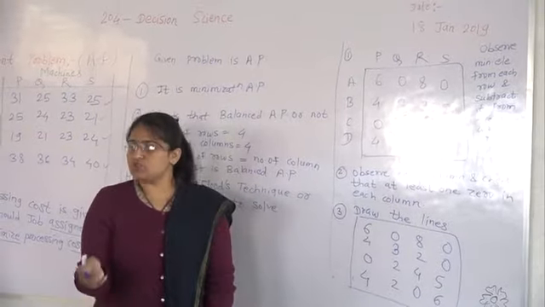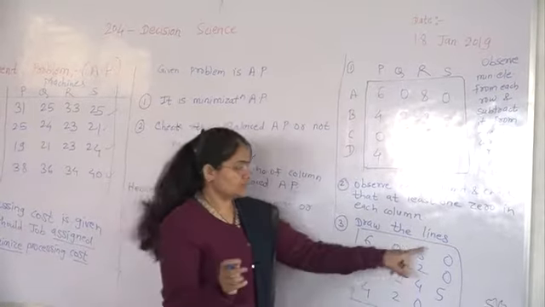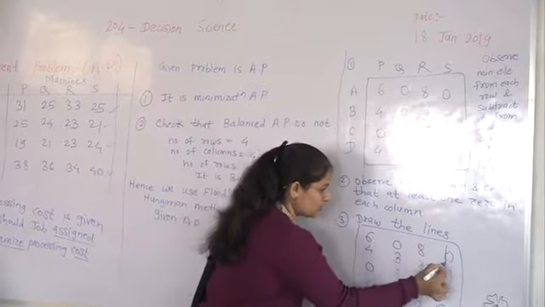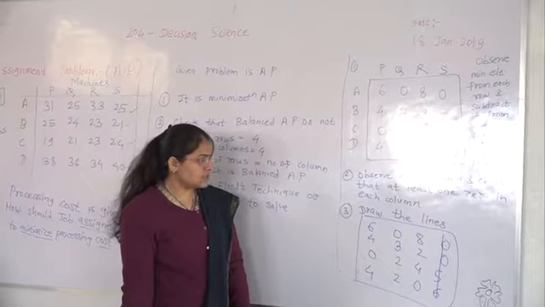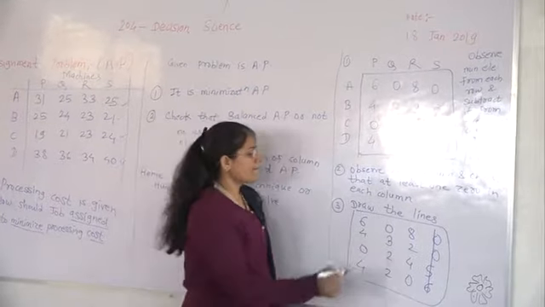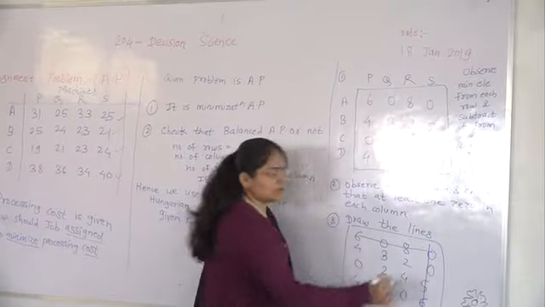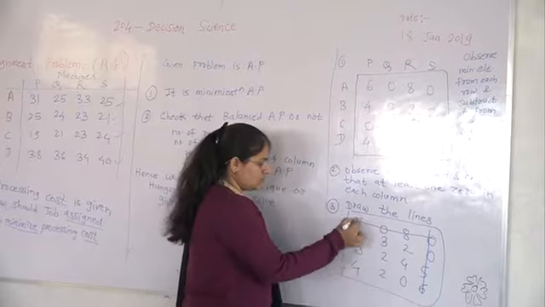Okay, see here, which row or column has the maximum 0s? Here there are two 0s. So you have to draw the line like this. Again, where there is a 0, here there is a 0. Okay, again where there is a 0, here.